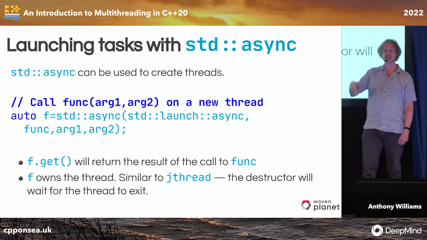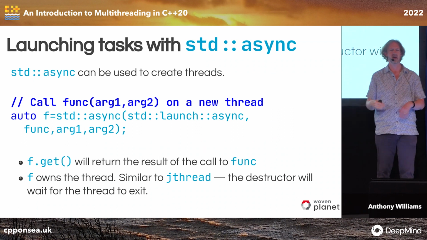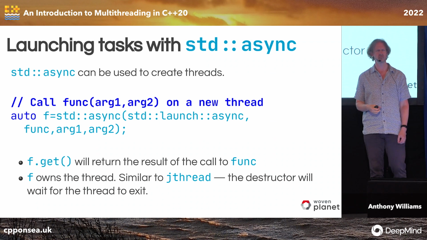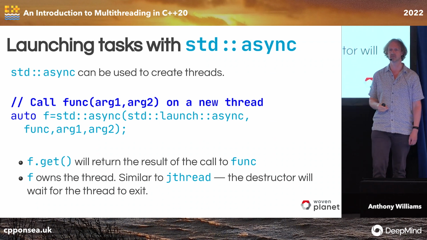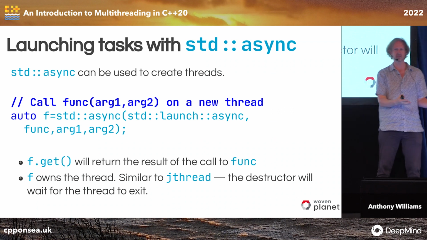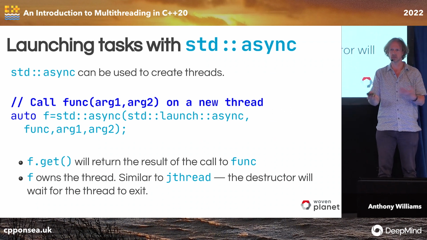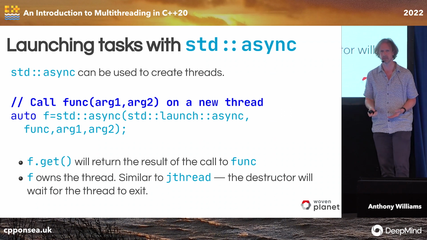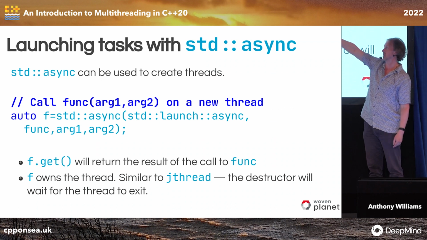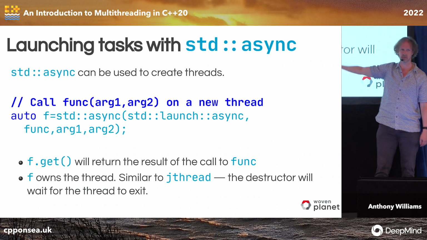And if it doesn't start another thread, then it will actually run your supplied function when you call get on the returned future, which is really counterintuitive and can be confusing, because your task doesn't actually run until you ask it for its value, in which case you might as well have just moved the code to the other thread and just called the function at that point. So if you're using async, you probably want to use std::launch::async as the first parameter.